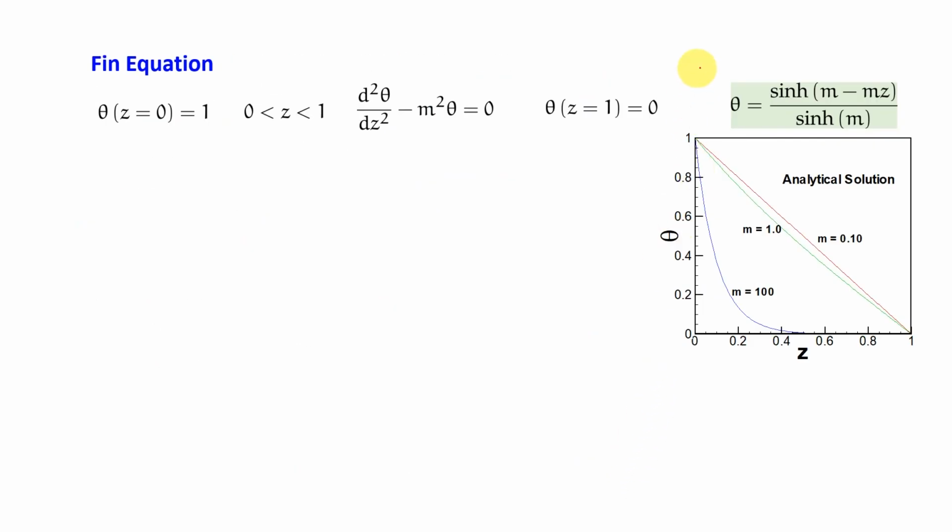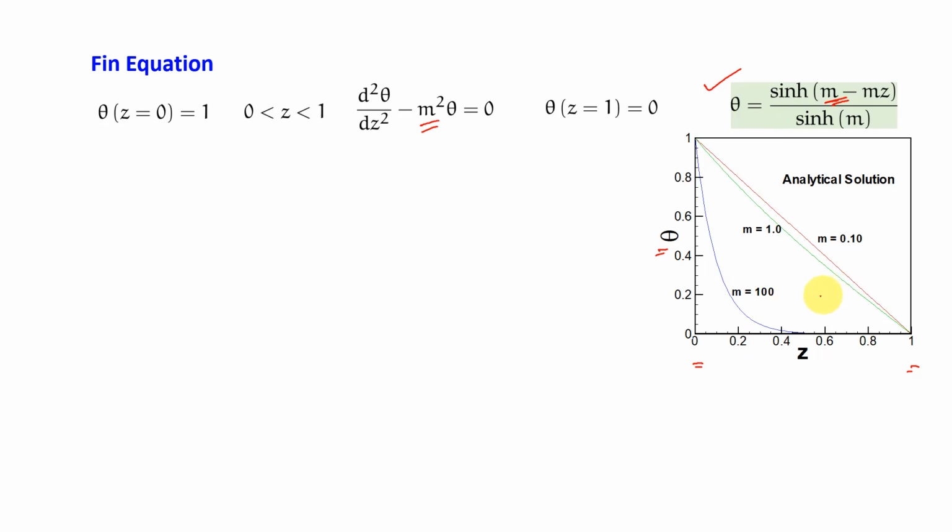What happens if I plot this analytical solution? Theta equals sine hyperbolic m minus mz divided by sine hyperbolic m. You see that we now have only one parameter in our equation, that is m, and z goes from 0 to 1. So we plot z from 0 to 1 on the x-axis. On the y-axis we have theta, and I can now take some values of m and plot this function theta.